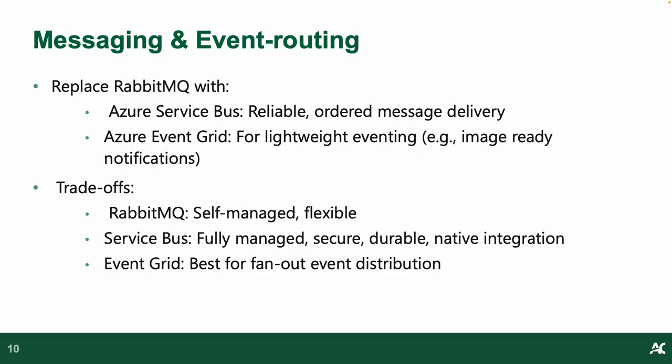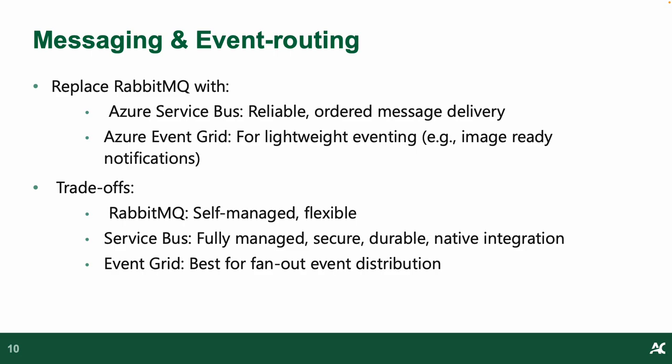For messaging and event routing, we would replace the RabbitMQ with Azure Service Bus, because Azure Service Bus will provide more reliability and ordered message delivery, and also Azure Event Grid for lightweight eventing and, for example, image ready notification.